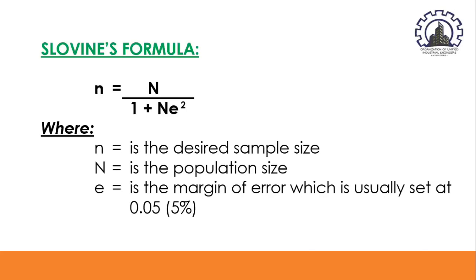Your capital letter N refers to the population size, and your small letter e refers to the margin of error, which is usually set at 0.05 or 5%.